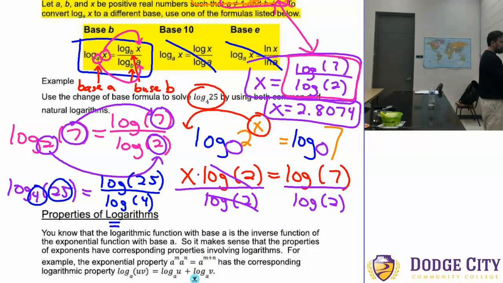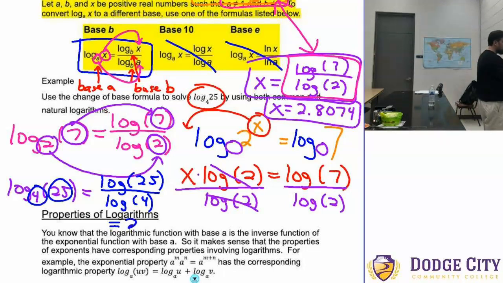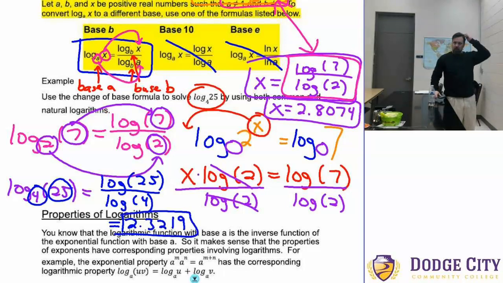So I'm sorry, it's kind of messy there. We're going to have log base 10 of 25 divided by log base 10 of 4, and we get 2.3219. When you go to 4 decimal places, again, it's a run on decimal. I'm just stopping at 4.